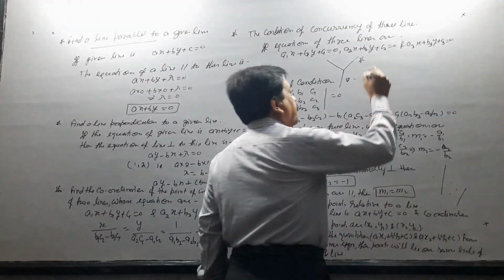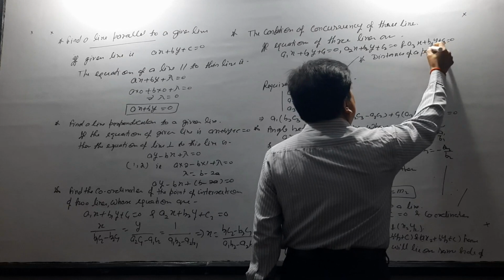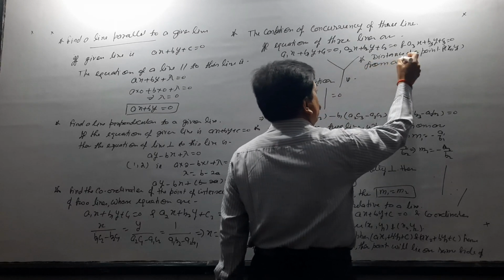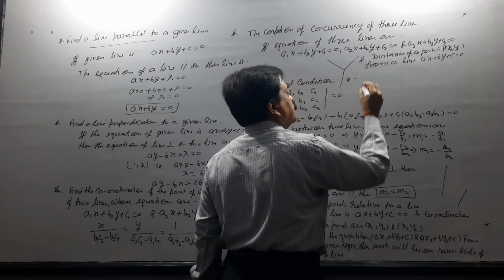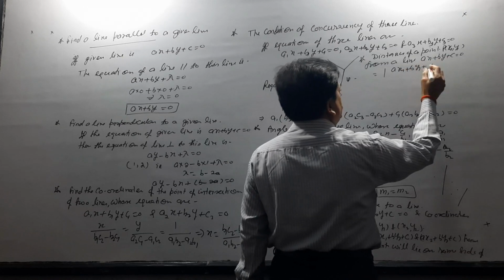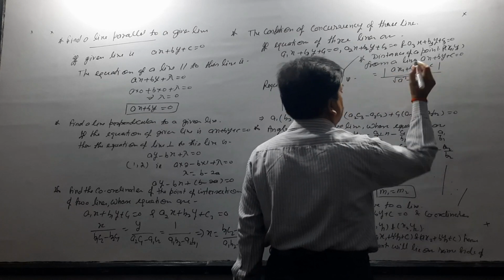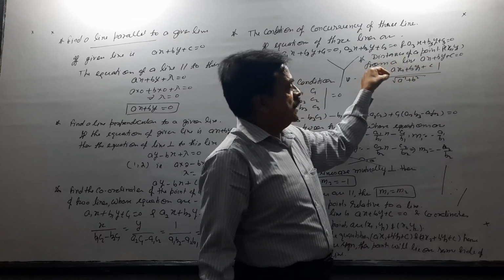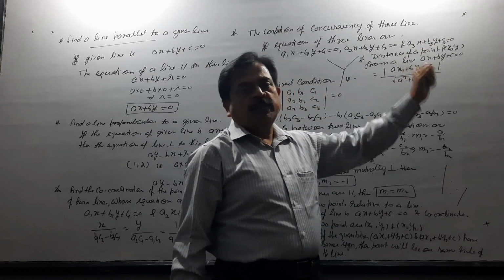Distance of a point from a line ax plus by plus c is equal to 0 equals mod of ax1 plus by1 plus c upon root a square plus b square. x1, y1 are the coordinates of the point, and a, b, c, which are used in this formula, are coefficients of x, y, and c is the constant, the term independent of x and y.